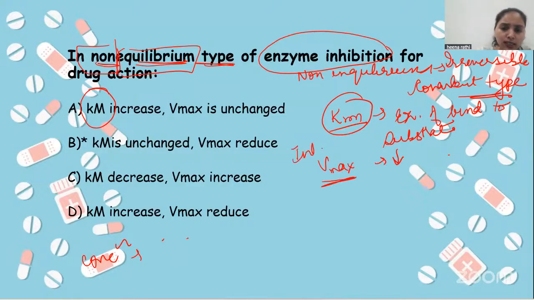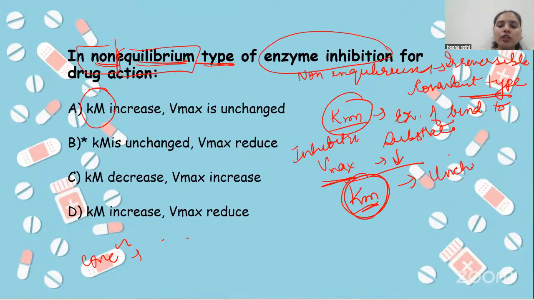So what will happen to the Km? The Km, the affinity, because it is non-equilibrium type, is high affinity. So the Km will remain unchanged, for non-equilibrium type of enzyme inhibition.